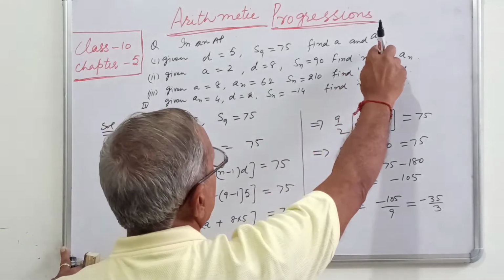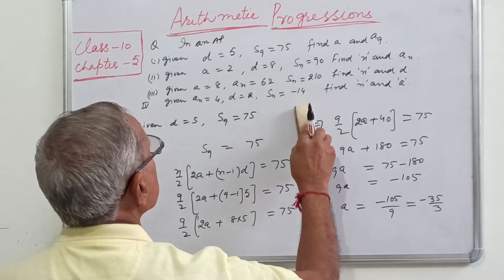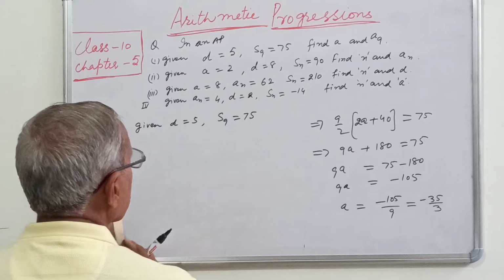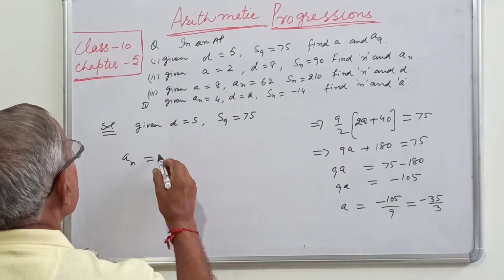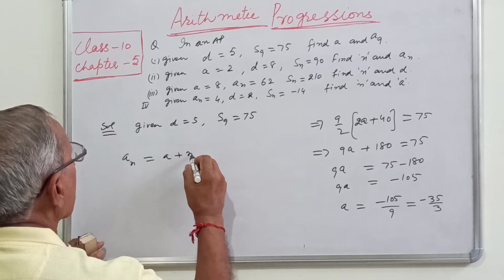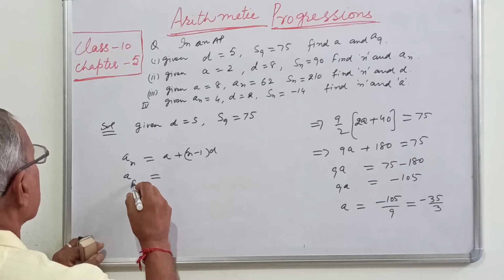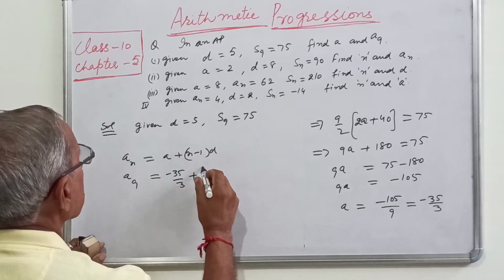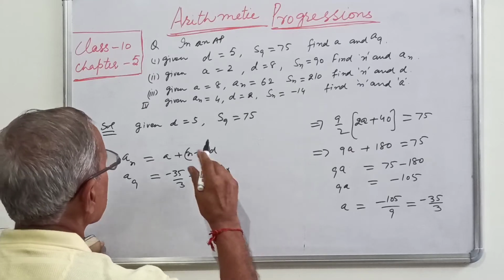So we have to find the value of a9. So a9 will be given, so we know the formula of an is equal to a plus n minus 1 into d. So a9, so value of a is minus 35 upon 3 plus n is 9 minus 1 and d is 5.